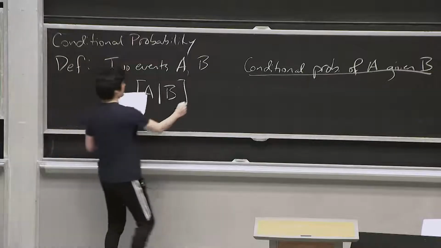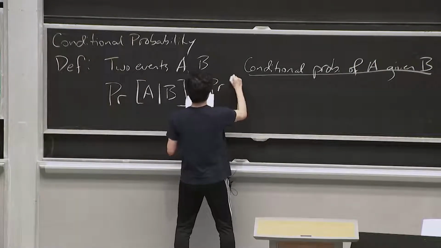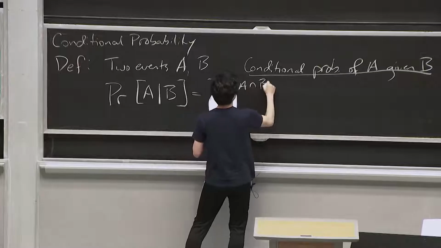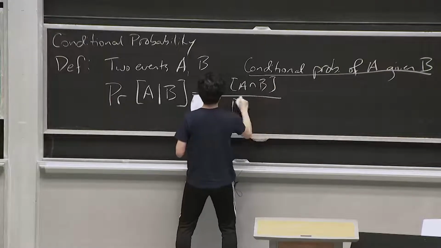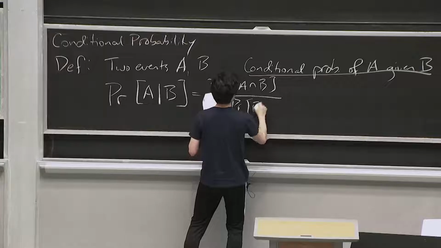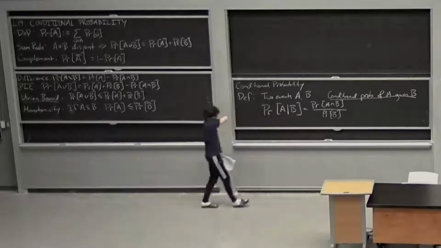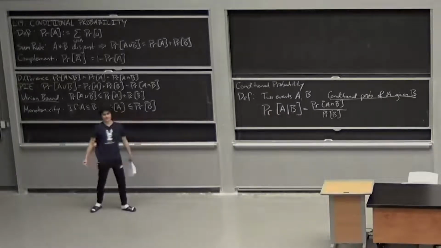We define this to be the probability of A intersect B divided by the probability of B. Okay?